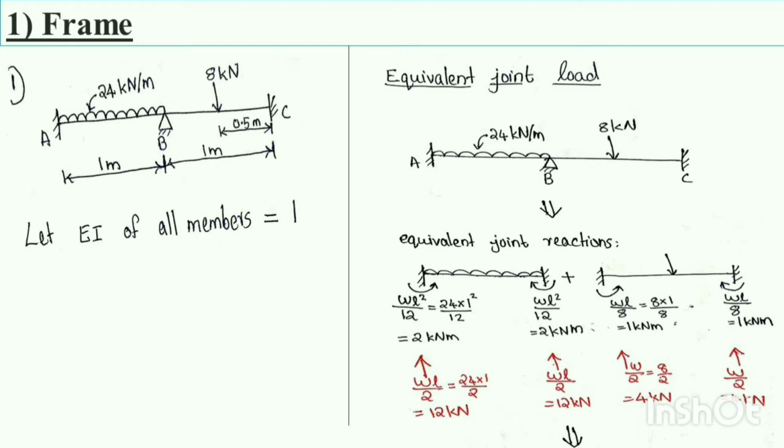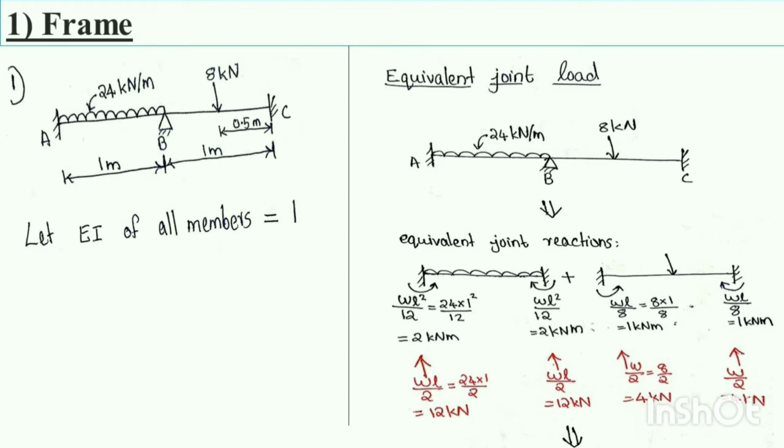That is, WL is the total load and half to left support and half to right support. That is, WL by 2 will be the fixed end reaction. So this UDL 24 kN per meter is transferred as load WL by 2 and moment WL square by 12 to the two adjacent joints A and B.